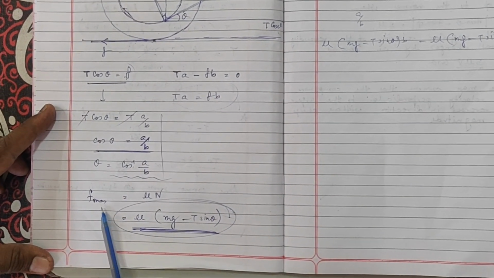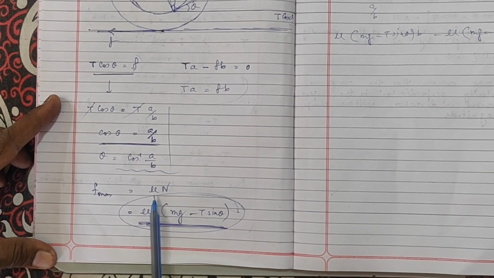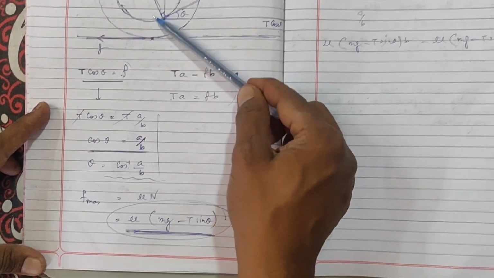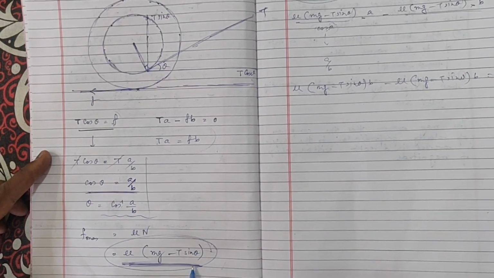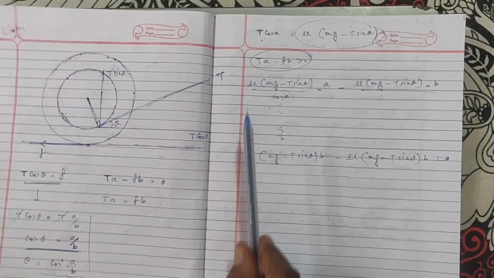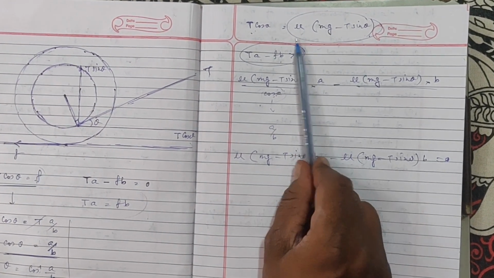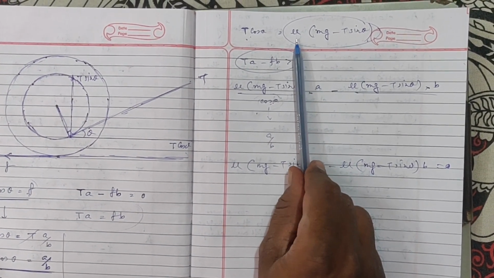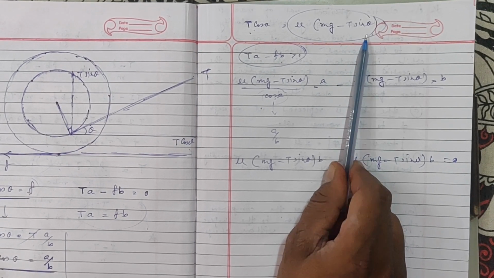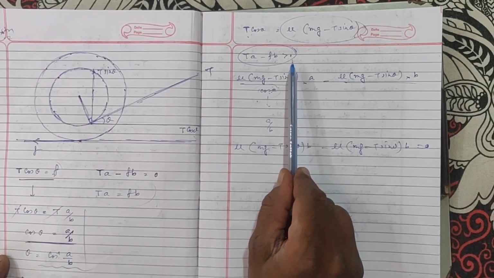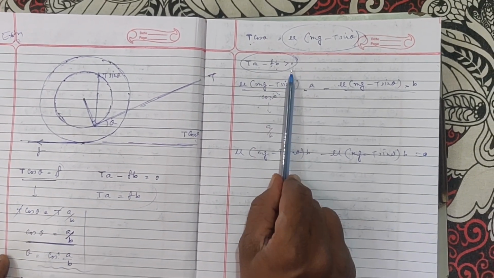For maximum friction, it is directly proportional to normal force, mu into N. So mu into (mg minus T sin theta). Now T cos theta is frictional force, which is maximum if you consider, mu into (mg minus T sin theta). Now we are checking whether TA minus FB is equal to 0 or greater than 0.